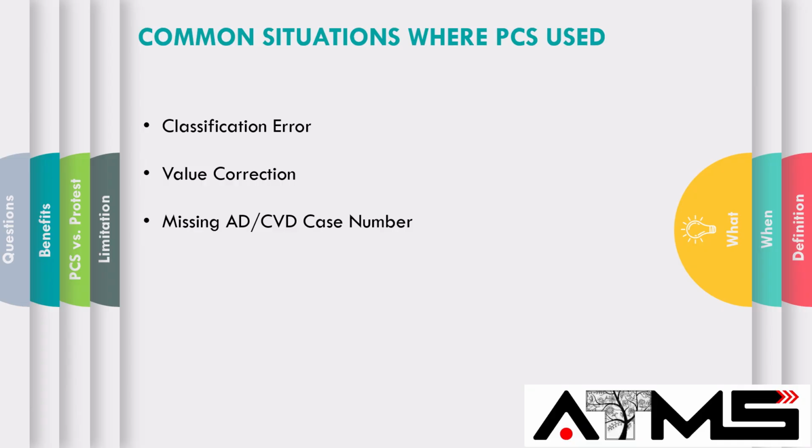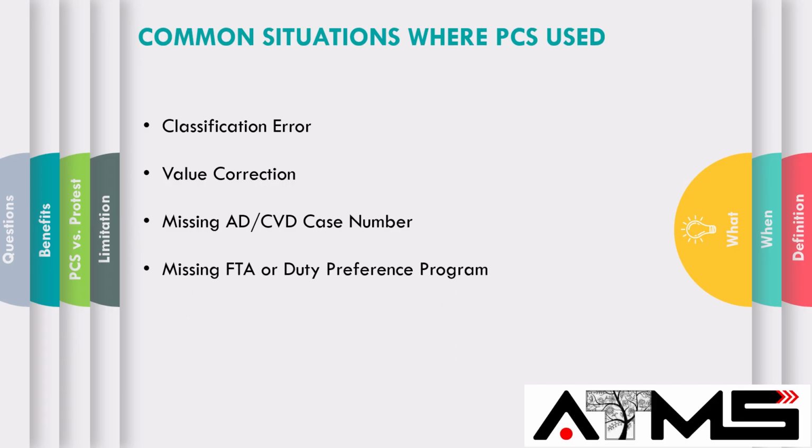Third, missing AD/CVD case number. If an anti-dumping duty, which is AD, or countervailing duty, which is CVD, case number was omitted during the filing, the importer can use PSC to add the required case number.